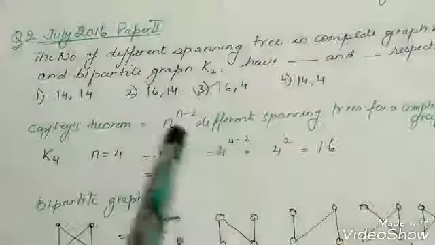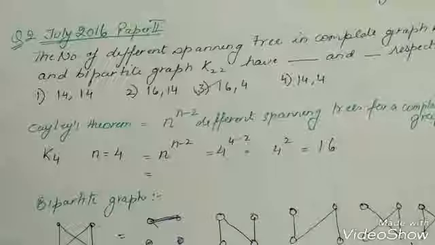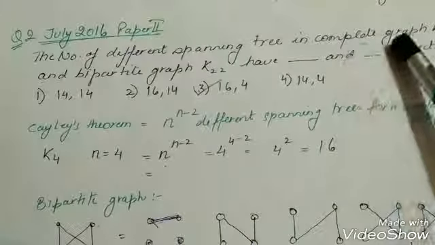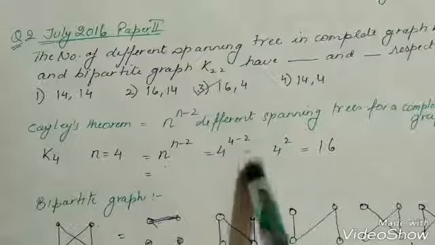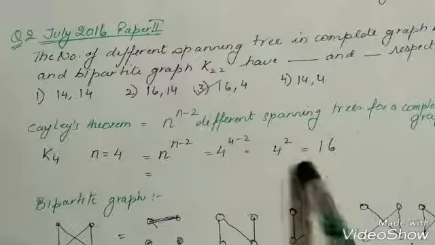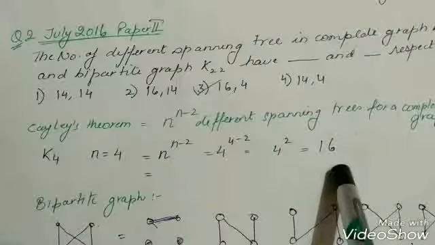K4 is a complete graph as given in the question, so we apply this formula. 4 raised to the power 4 minus 2 is 4 raised to the power 2, which equals 16. Therefore, for K4 we have 16 spanning trees.